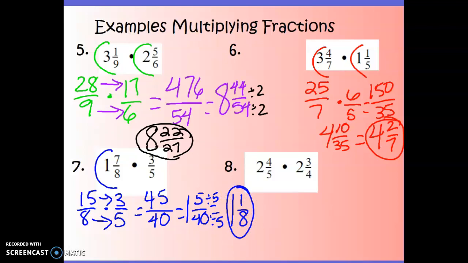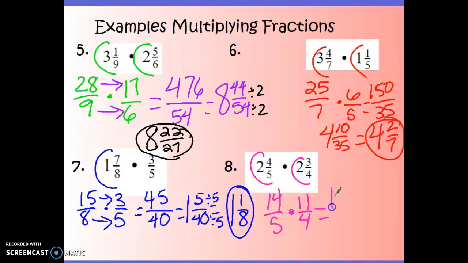Alright, and here's our last problem. 2 4/5 times 2 3/4. Okay, so I convert first. When I convert, 5 times 2 is 10 plus 4 is 14/5. And then 2 3/4, so 4 times 2 is 8 plus 3 is 11/4.